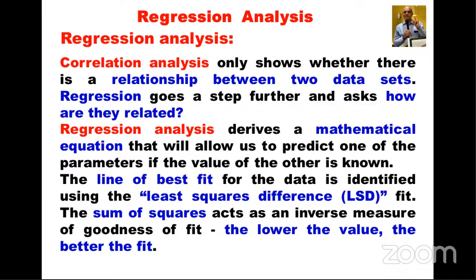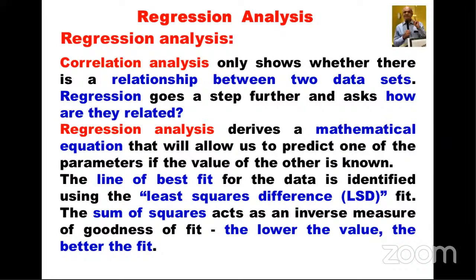Regression goes a step further and asks how they are related. It shows the relationship in quantified numbers. Regression analysis derives a mathematical equation, like in a standard curve, y is equal to something plus something, and R square is this much.